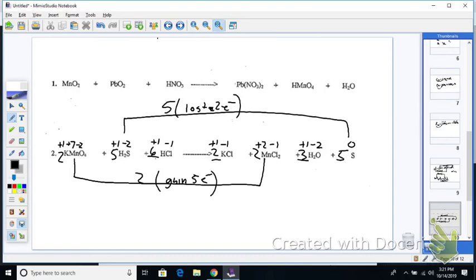Is that right? No? Yes, maybe. Wait, that's not what I got. Okay, where did I go wrong? Let me go back and erase this 3. What are we on right now?